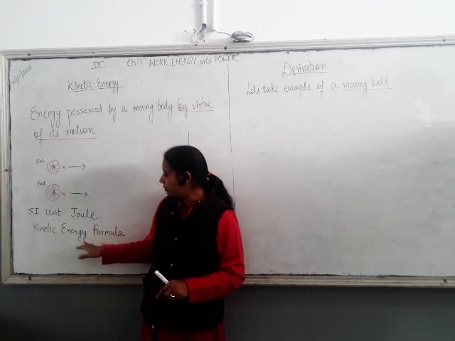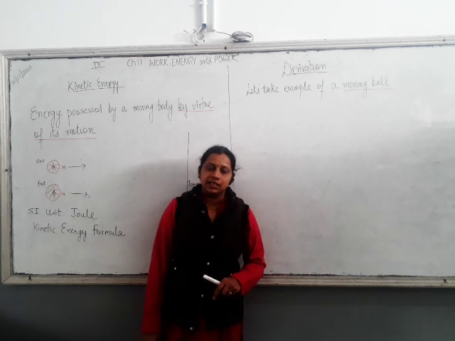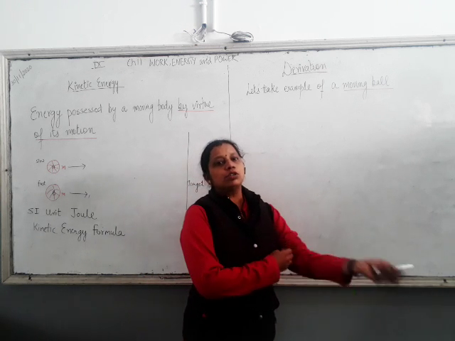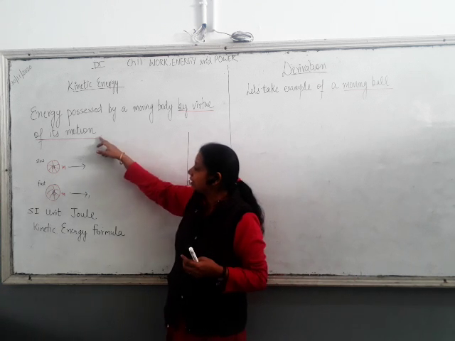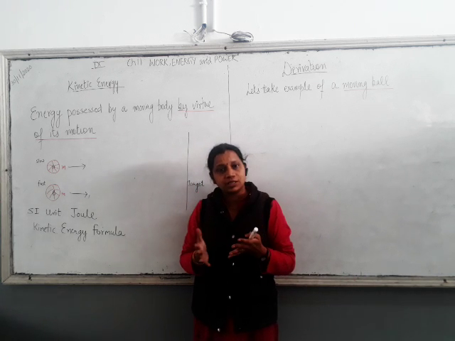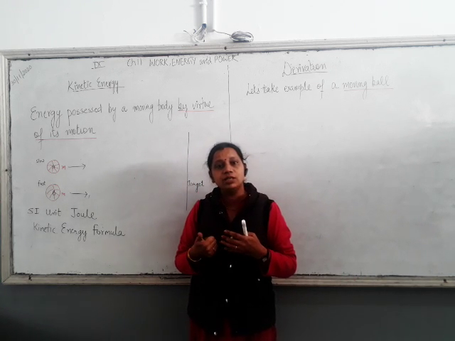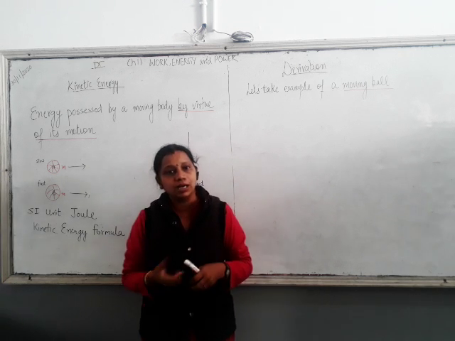Now let's see the formula of this kinetic energy. As I told you, it depends on two things. One is motion, that means it is proportional to velocity, and one more thing, it is proportional to mass.